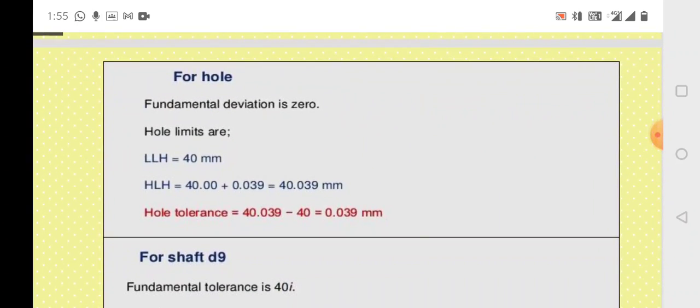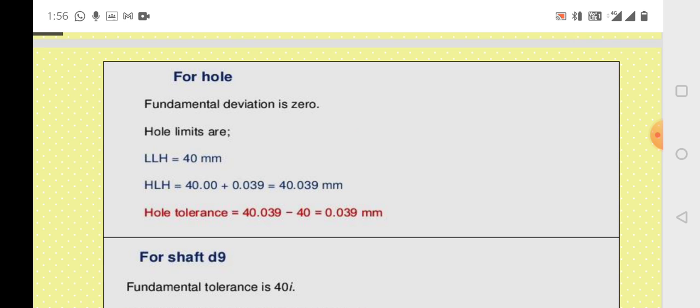So for hole, fundamental deviation is 0 as it is basic type of hole. म्हणजे त्या होलची खालचा जो टॉलरन्सची जी लाईन आहे ती बेसिक लाईनवरच असते, त्याच्यामुळे तो 0 असतो फंडामेंटल डेविएशन. आणि म्हणून आपल्याला माहीत आहे की लोअर लिमिट for the hole, फंडामेंटल डेविएशन इज 0. सो लोअर लिमिट फॉर दी होल इज 40, म्हणजे त्याच्यावर कोणताच टॉलरन्स राहत नाही, तो 40चा बेसिक होल असतो. पण हायर लिमिट जे आहे तो 40 प्लस 0.039, that is what is the tolerance.